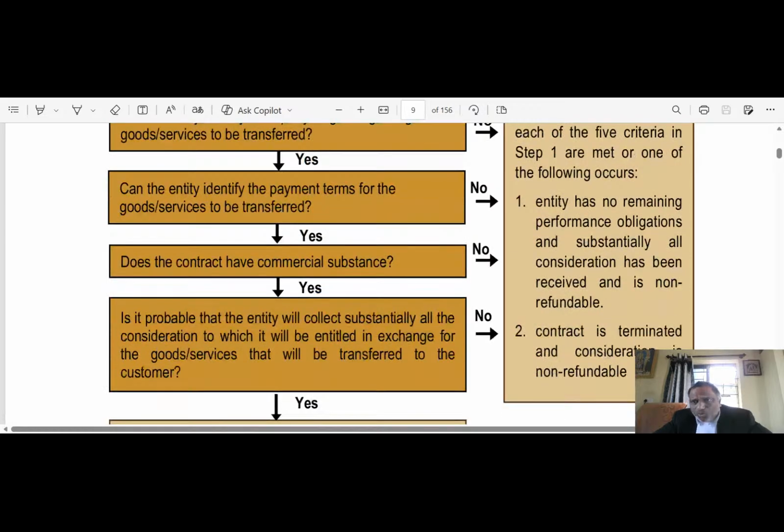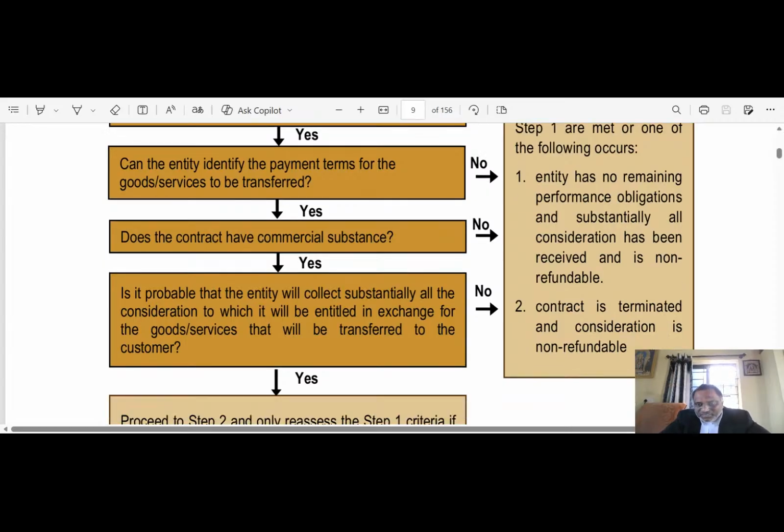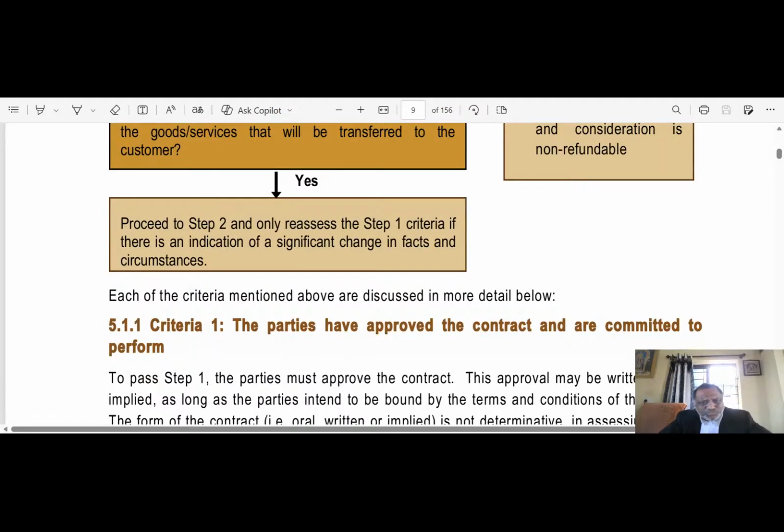The entity has no remaining performance obligations and substantially all the consideration has been received and is non-refundable. The contract is terminated and the consideration is non-refundable. Proceed to step 2 and only reassess the step 1 criteria if there is an indication of significant change in facts and circumstances. Each of the criteria mentioned above is discussed in more detail below.